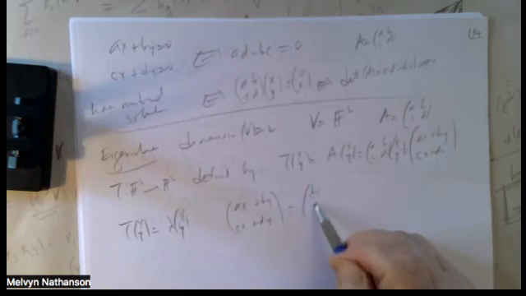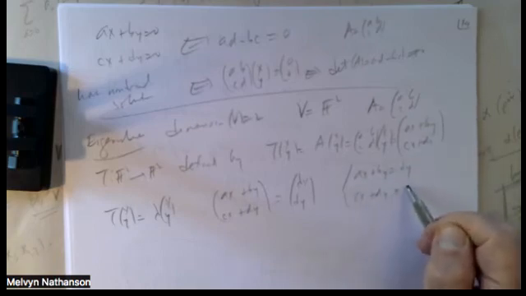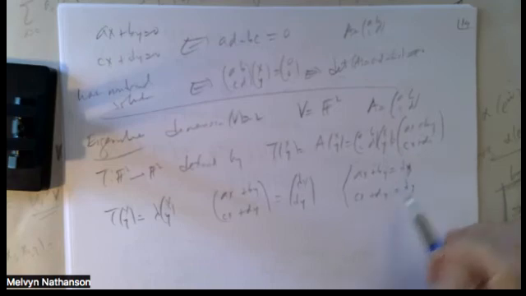And that's supposed to equal lambda X, lambda Y, which is the same as solving these two equations: AX plus BY equals lambda X, CX plus DY equals lambda Y. Or if I put everything on one side, it's the same thing: lambda minus A times X minus BY equals 0, and minus CX plus lambda minus D times Y equals 0.